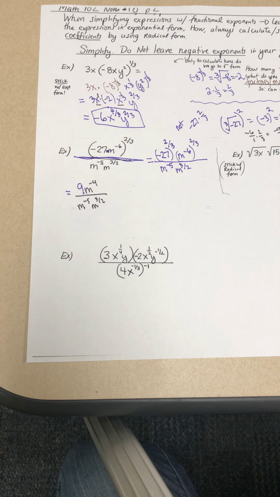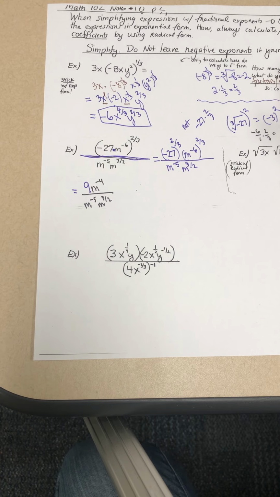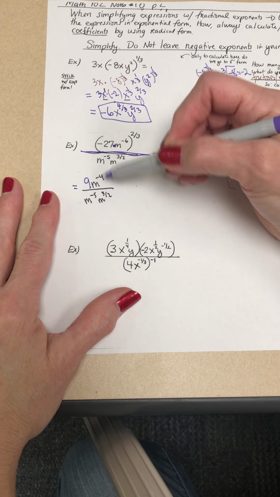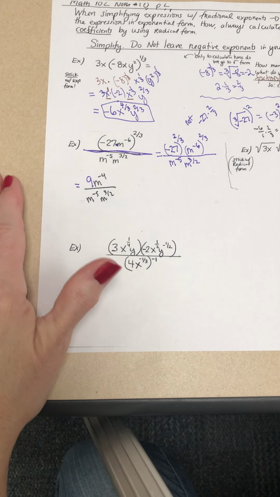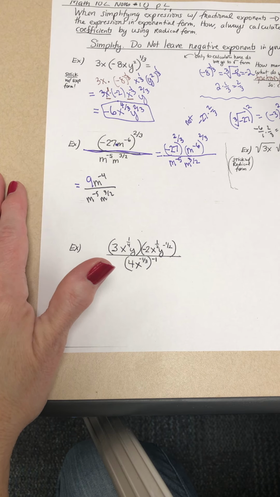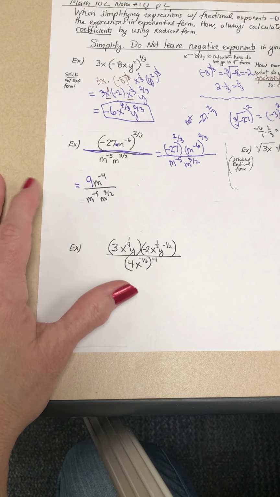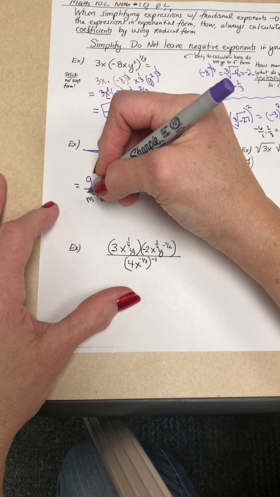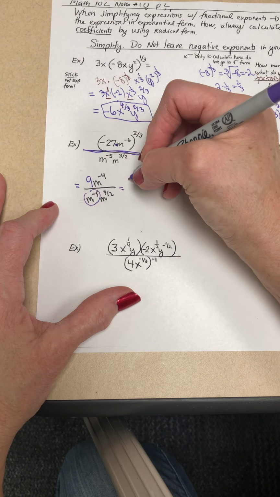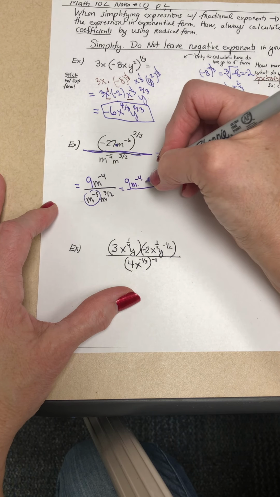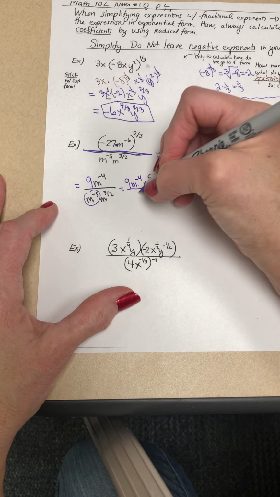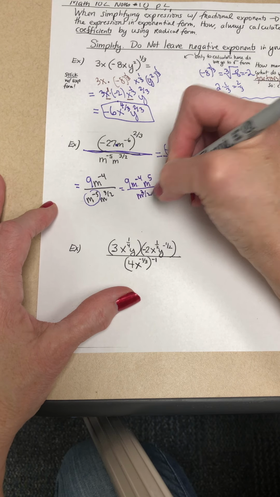Okay, at this point in time, there's so many things you could do next. But notice, this is all one term, and that base m is showing up 3 different places. You could simplify this. We should only have to write that base m once. All right, so I think I will first raise the m to the negative 5th, go ahead and take the reciprocal, so that becomes m to the 5th in the numerator.